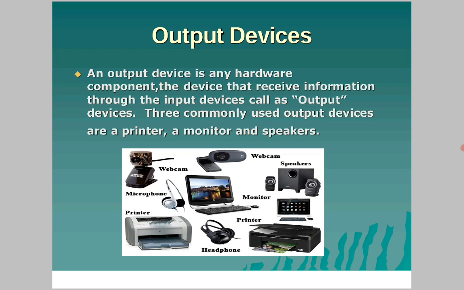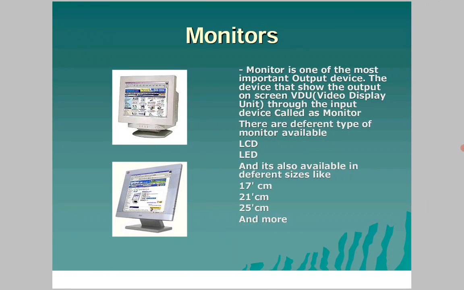So what are the standard and popular output devices? Printers, monitors and speakers. So monitor is the standard output device. Generally monitors are used to display something on the screen in the form of some text or anything.